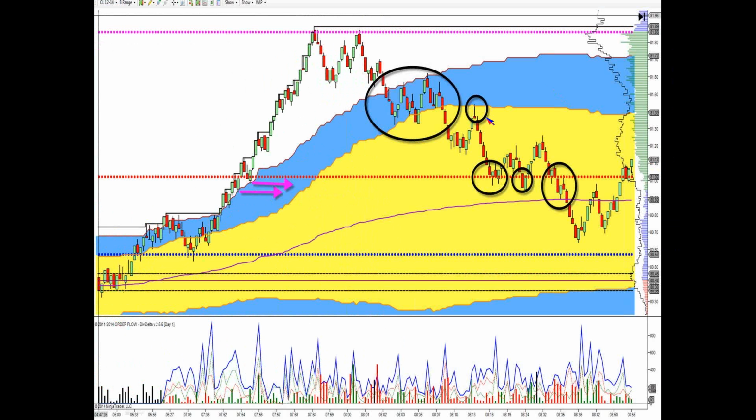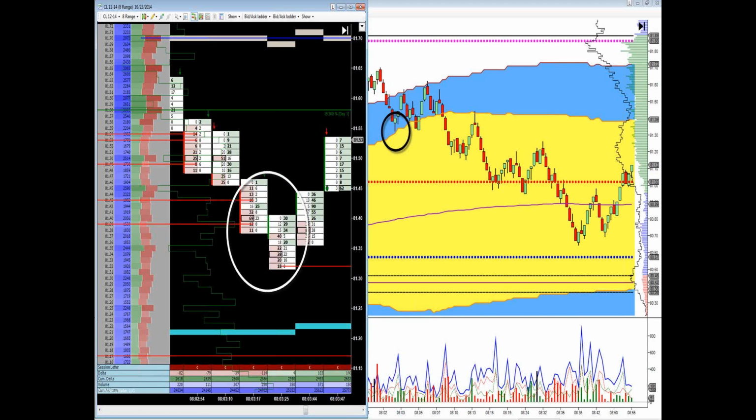Granted, on a strong trending day, you're likely going to stay, like we said, outside the top part of the value area and just take the pullbacks. But when you have a day that's not a strong trending day, you're going to find that it's going to continually trade back and forth in this area from the top to the bottom to the top to the bottom.